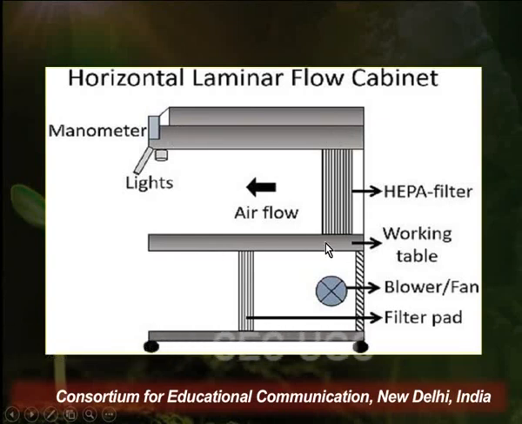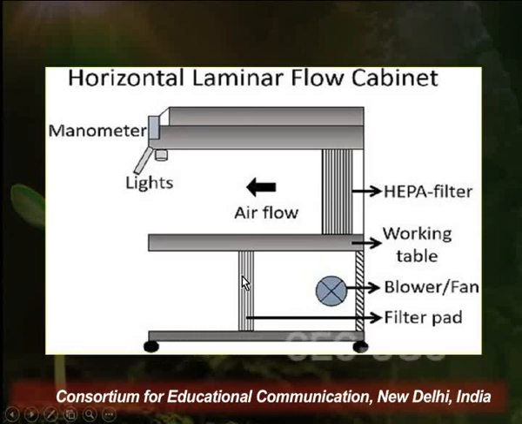So this is the working station, this is the working table, and this is the sterile hood or sterile area. In the case of horizontal laminar flow, the blower fan sucks in air of the room from the filter pad or the pre-filter. So this pre-filter here takes air from this direction. The air comes and is sucked inside by the blower.